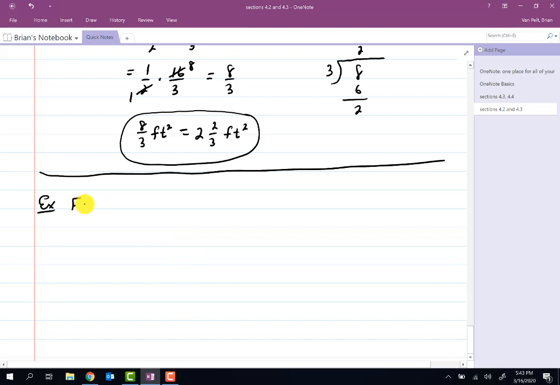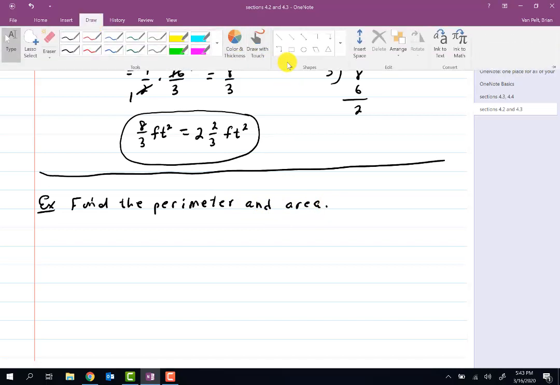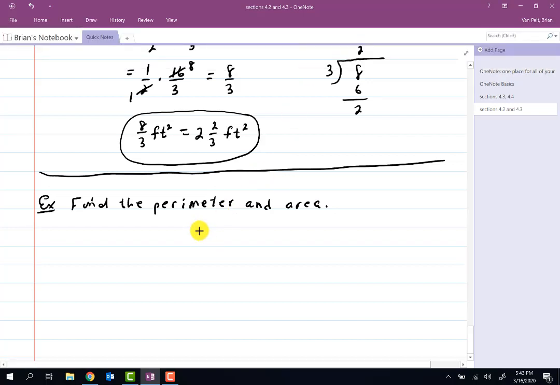All right, moving on. Find the perimeter and area. So this time, what do I have? Let's see here. I think that might be good enough. So what all do I need to give you here?